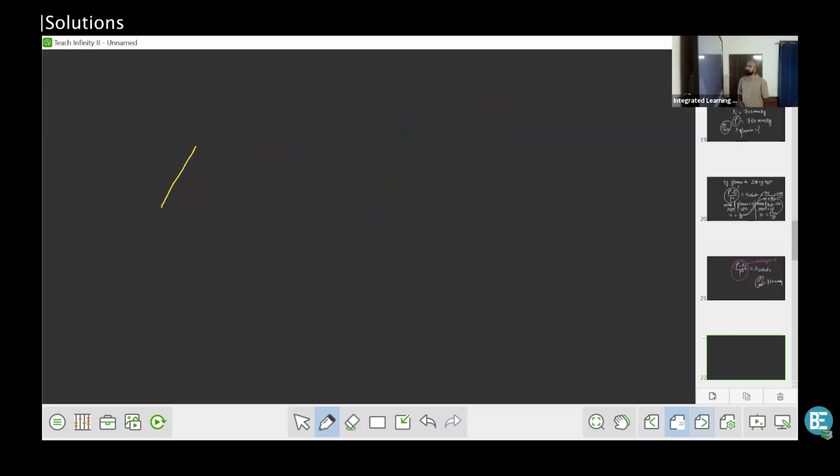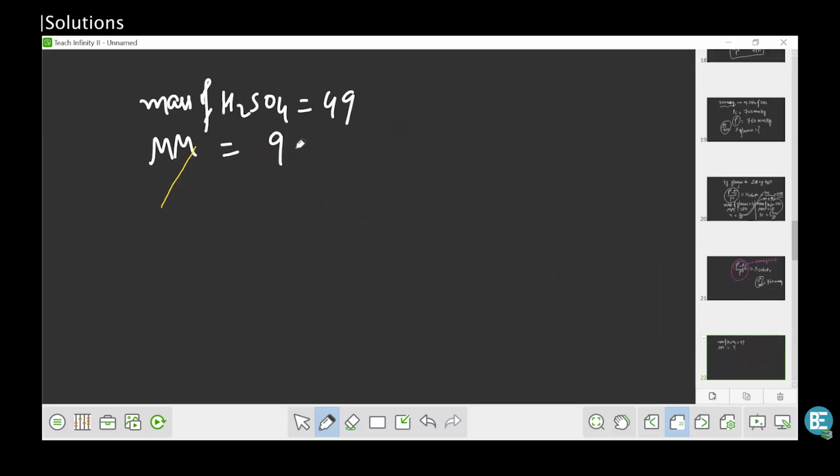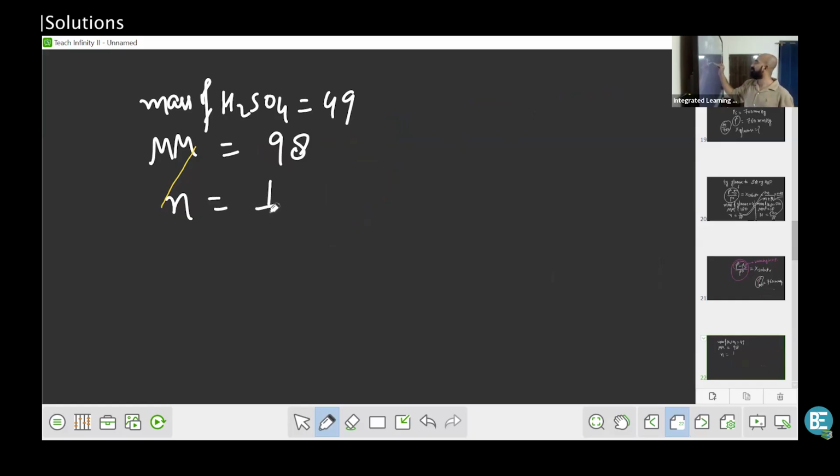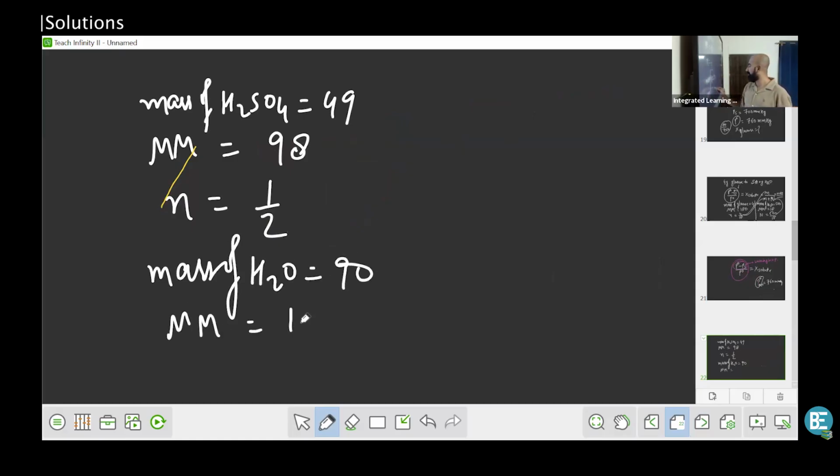Okay, let's see. The mass of H2SO4 given to you is 49. Molar mass is 98. So the number of moles will be 1 by 2. Mass of water is 90, molar mass 18, number of moles 5.